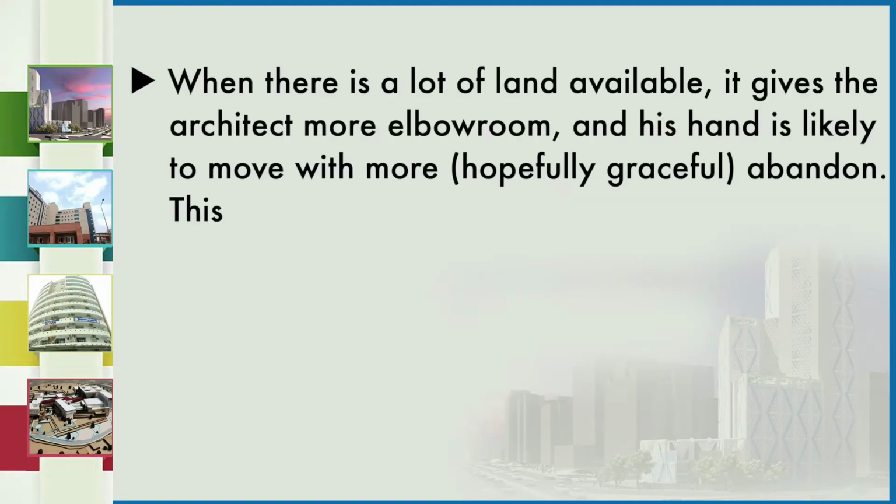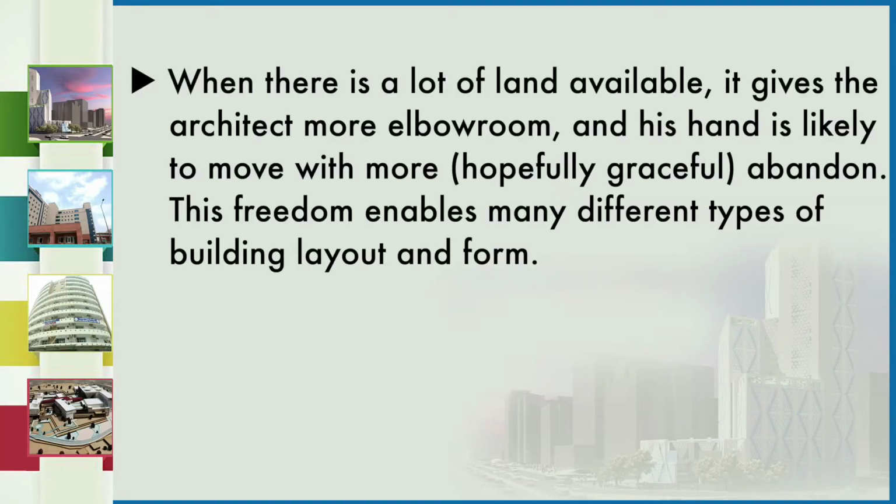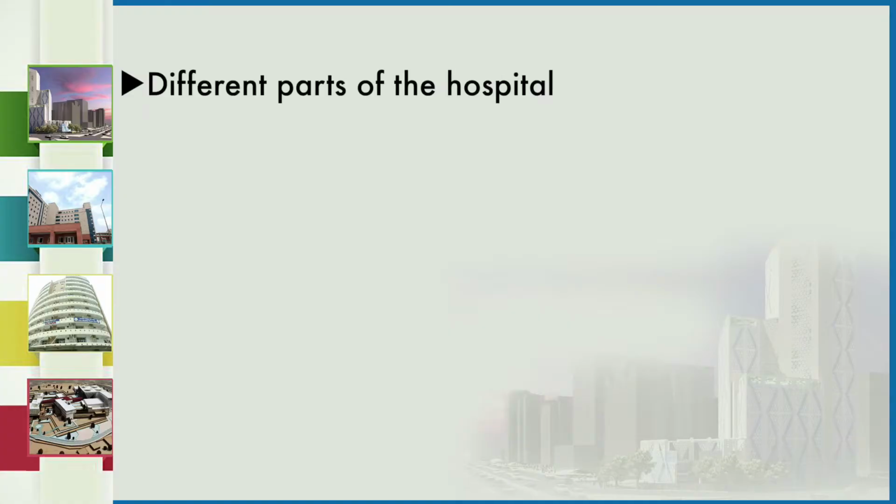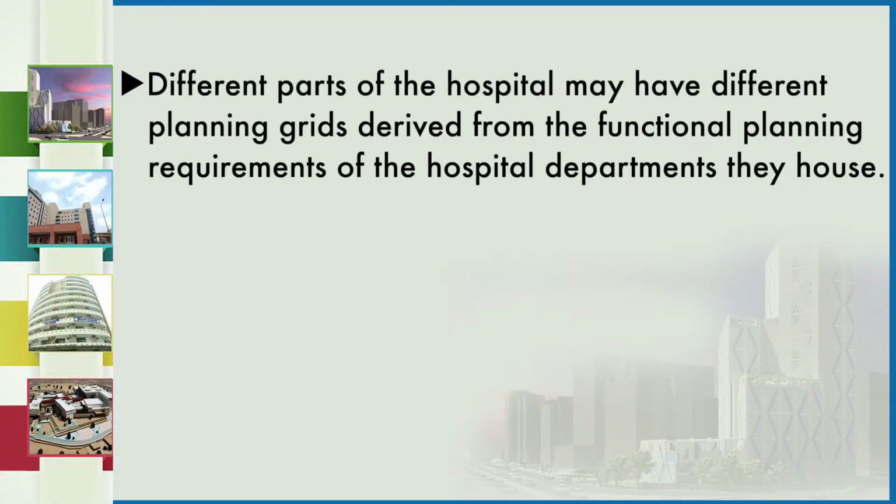When there is a lot of land available, it gives the architect more elbow room and his hand is likely to move with more, hopefully, graceful abandon. This freedom enables many different types of building layouts and forms. Different parts of the hospital may have different planning grids derived from the functional planning requirements of the hospital's departments they house.